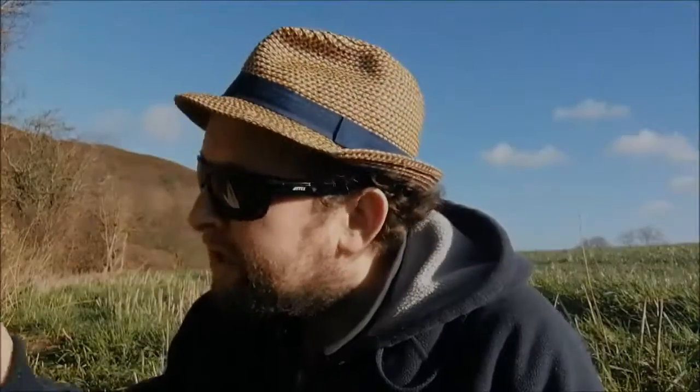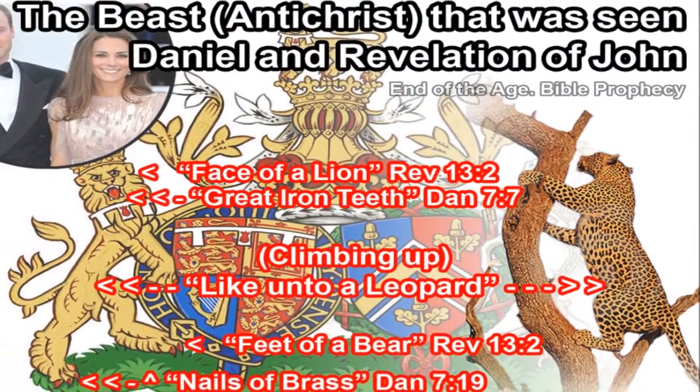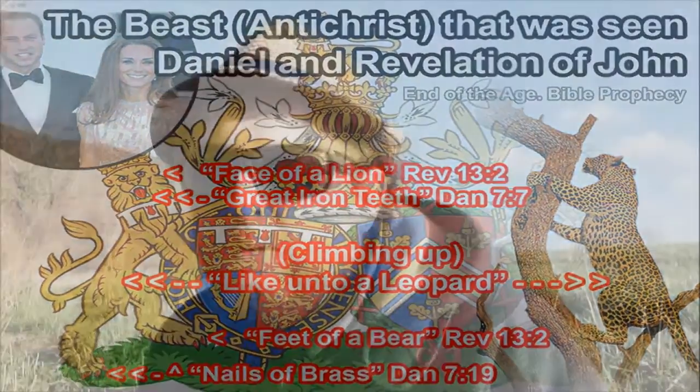I started looking at pictures of leopards hanging off trees, and I looked at the coat of arms and I was like, whoa, that is identical. What John meant was, he's like unto a leopard hanging off a tree. So the beast that you see on the coat of arms is hanging off a tree like a leopard. He has the face of a lion and he has feet of a bear.